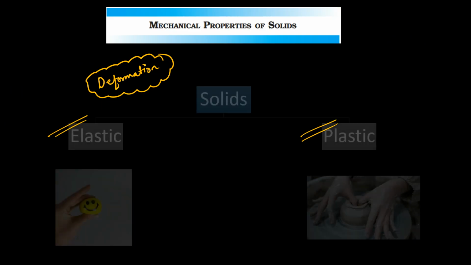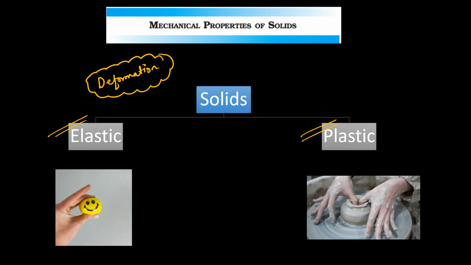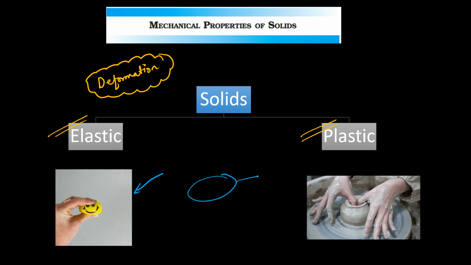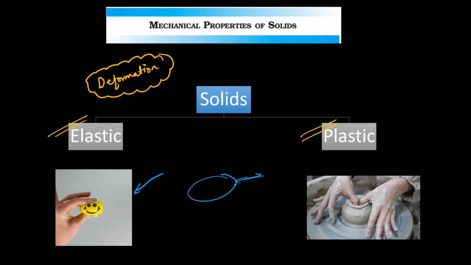I told you that there are two types of material, elastic and plastic. And elastic materials will come back to their original shape. But will this happen all the time? No, right? If I have a rubber band, yes, until some point it will come back. It will get restored. If I apply huge force, what is going to happen?